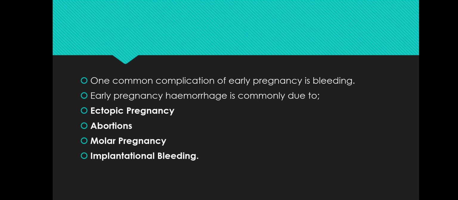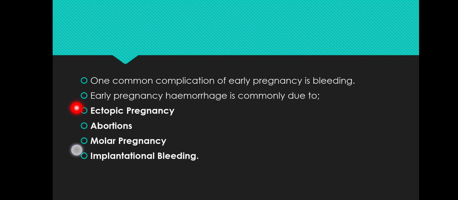And usually, when we say early pregnancy, we are referring to the first trimester, that is the first 12 weeks of pregnancy. When a woman presents to the hospital with bleeding, you should think of these 4 differentials.